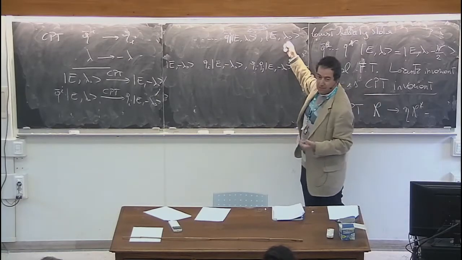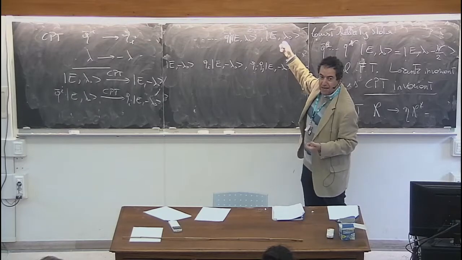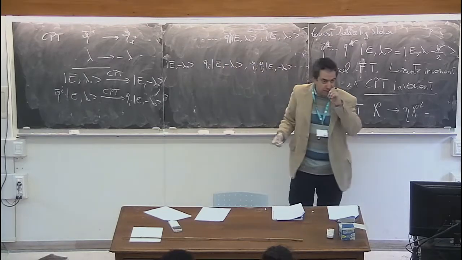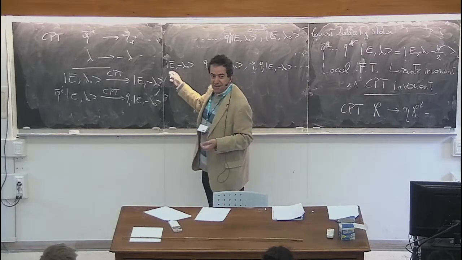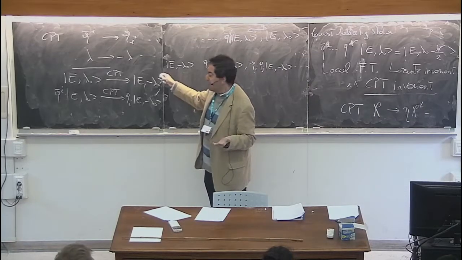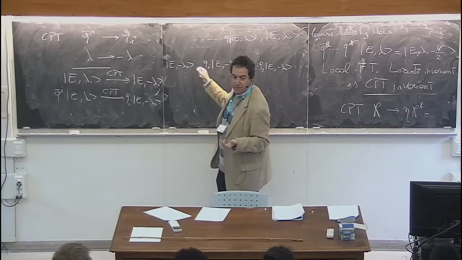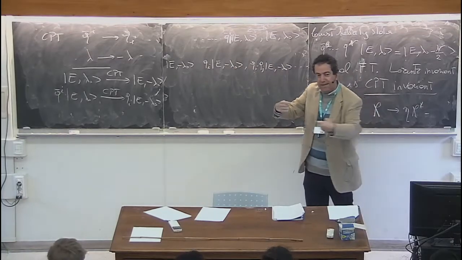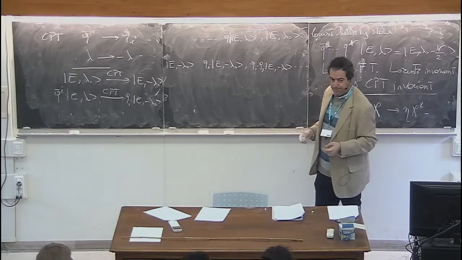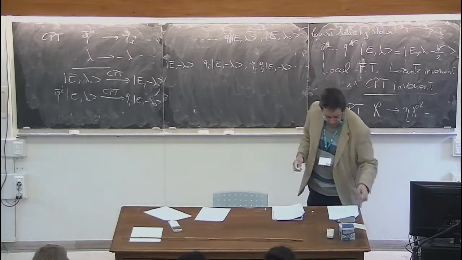One obtained starting from the ground state and acting by means of Q bar on it. The other array is obtained by acting on E minus lambda naught by means of the Qs. So we get two arrays of states.